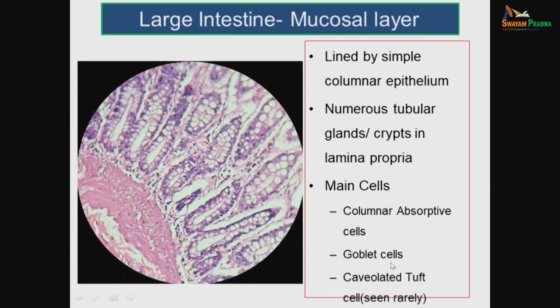The goblet cells, as I told you, secrete mucin, and the mucin helps in the smooth movement of the feces through the large intestine, because as the water is absorbed, the liquid undigested material becomes more and more solid as the material goes deeper into the large intestine.